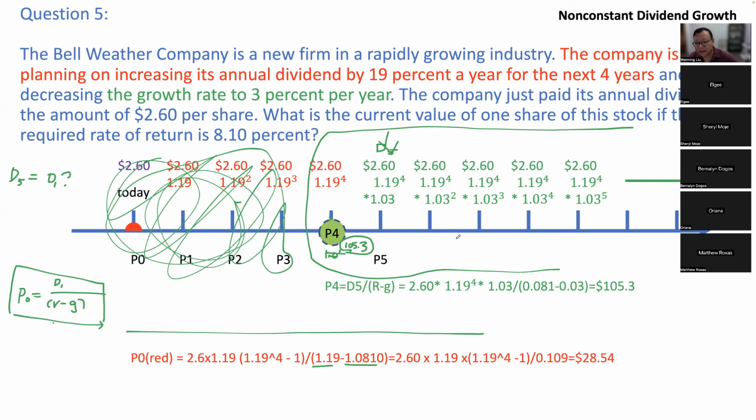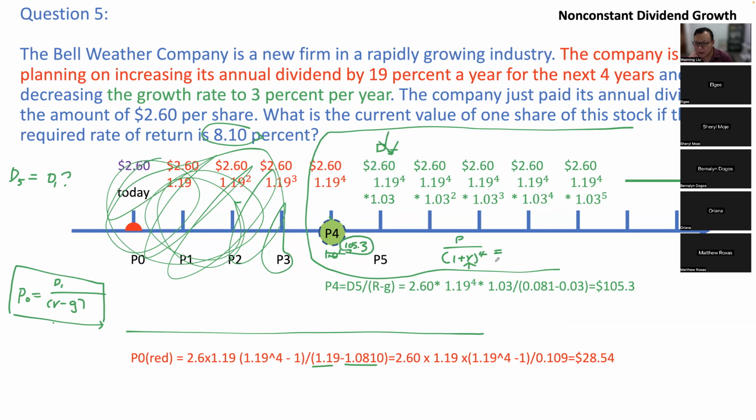You take the value divided by 1 plus R to the power of 4, and you know the R, it's given, 8.1%. So that is why in our formula, when I'm calculating P0, I had to calculate P4 first, but then I needed to discount it by 4 years because there are 4 years between P0 and P4. Does that make sense, Cheryl?